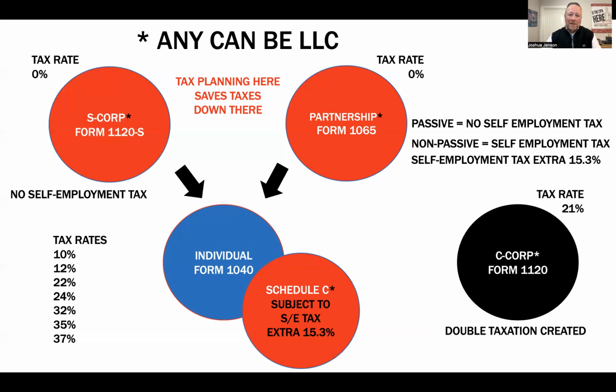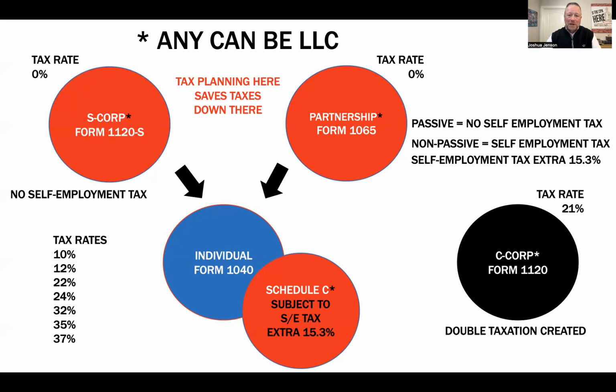I've got a link in the body of this video talking more about that, the S Corp, the comparison to the Schedule C. But I'm not a big fan of the Schedule C once somebody starts netting about $20,000, because that is going to be subject to self-employment taxes of 15.3%, when the S Corp is not subject to that.